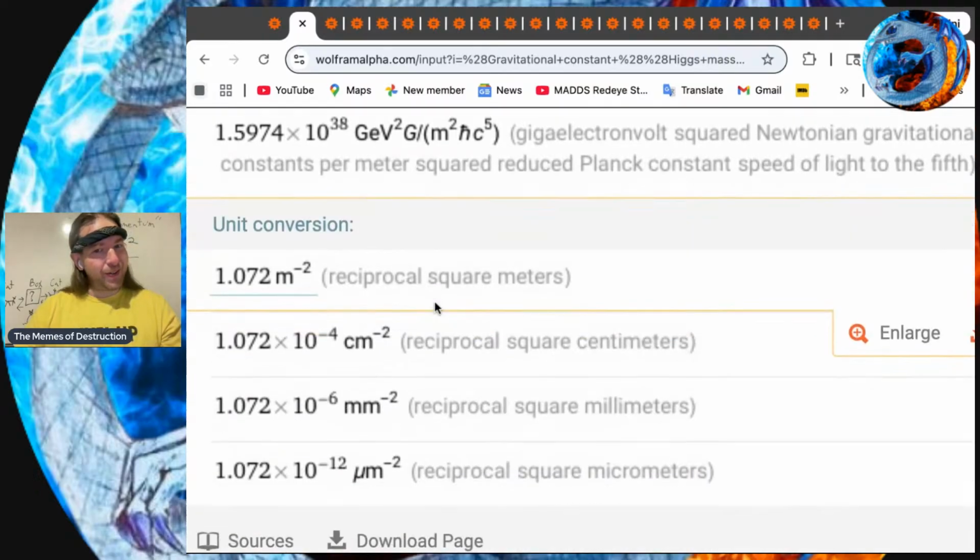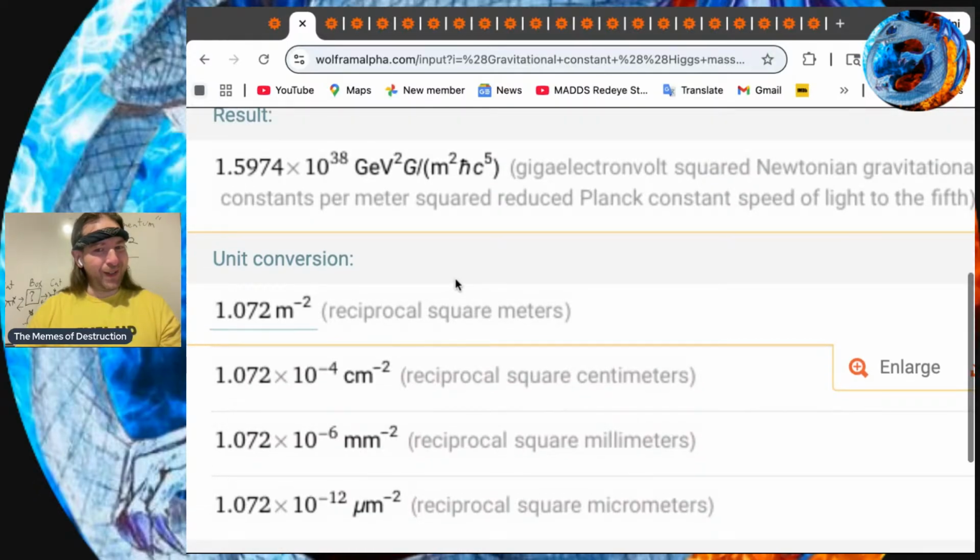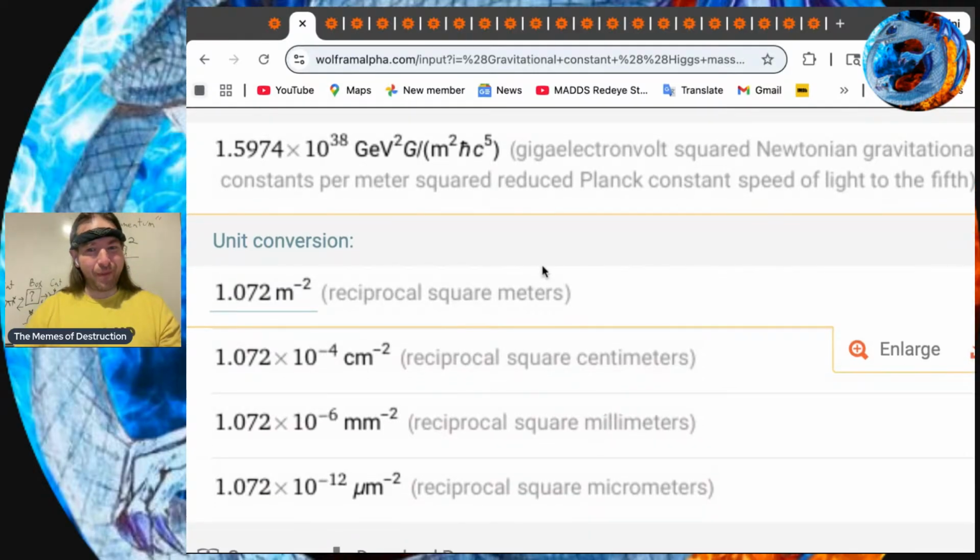And again, it's interesting that it appears to be a little over about 1 inverse meter squared, which is right in the ballpark of what we were looking at before.